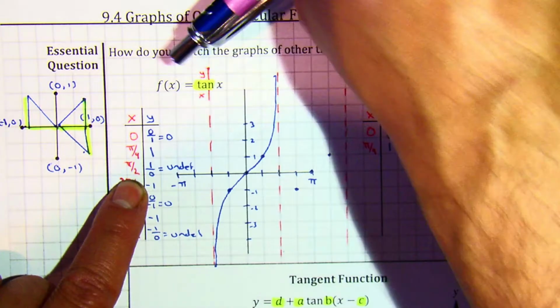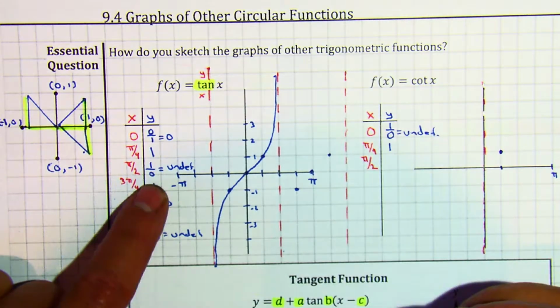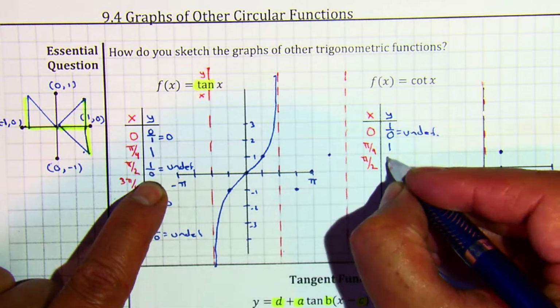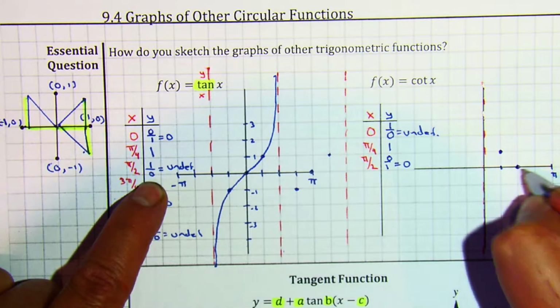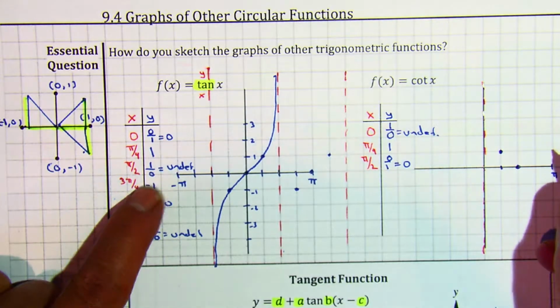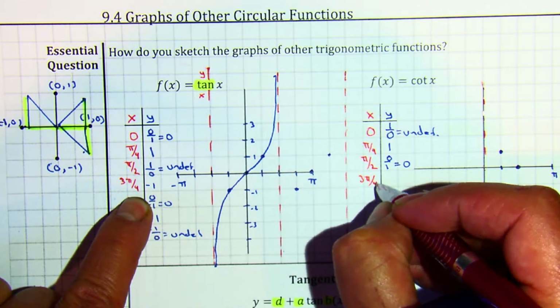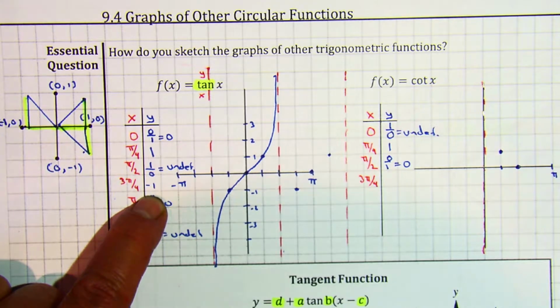Then at pi over 2, it was 1 over 0. The reciprocal of 1 over 0 is 0 over 1, which is 0. At 3 pi over 4, the tangent is negative 1, and the reciprocal of negative 1 is negative 1 as well.